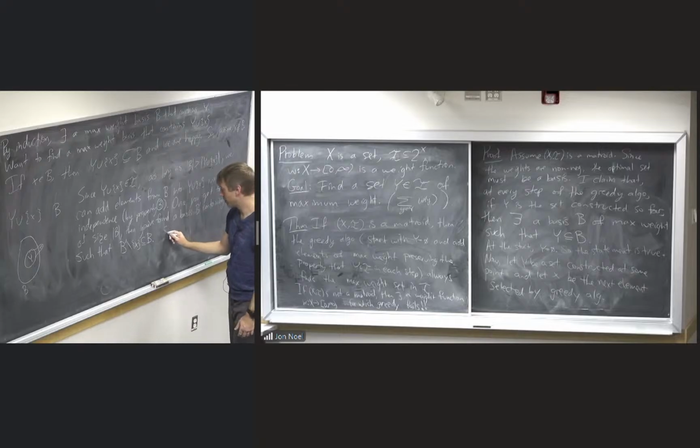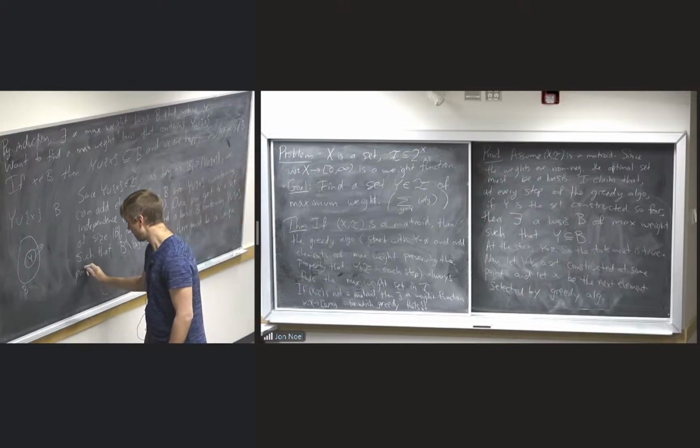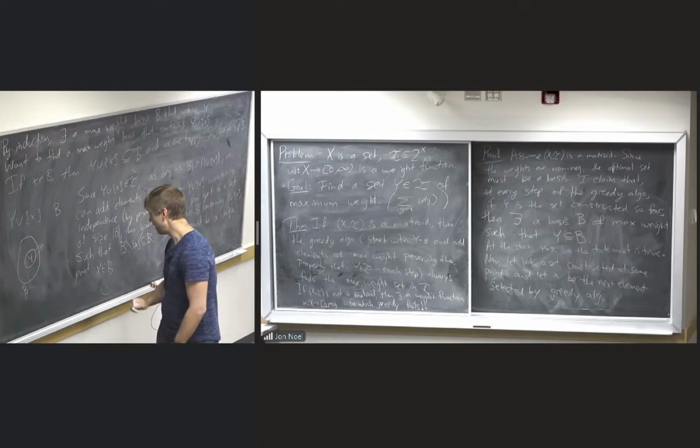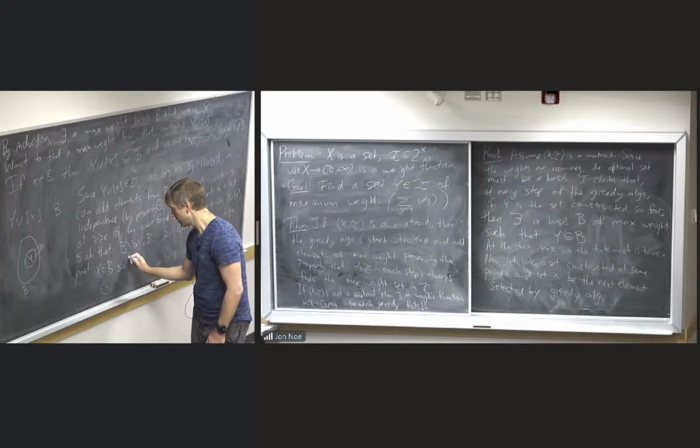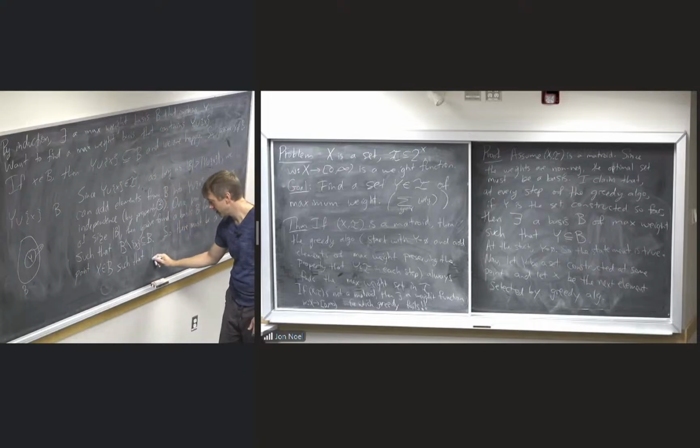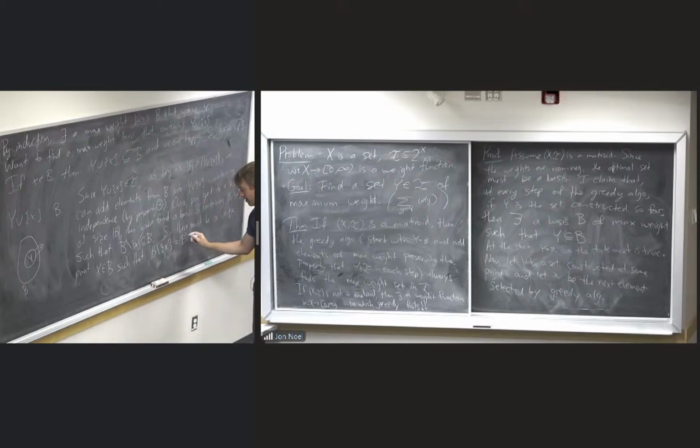So there must be a unique point, let's say X prime in B, such that if I take B and take away X prime, I get the same thing as B prime take away X.